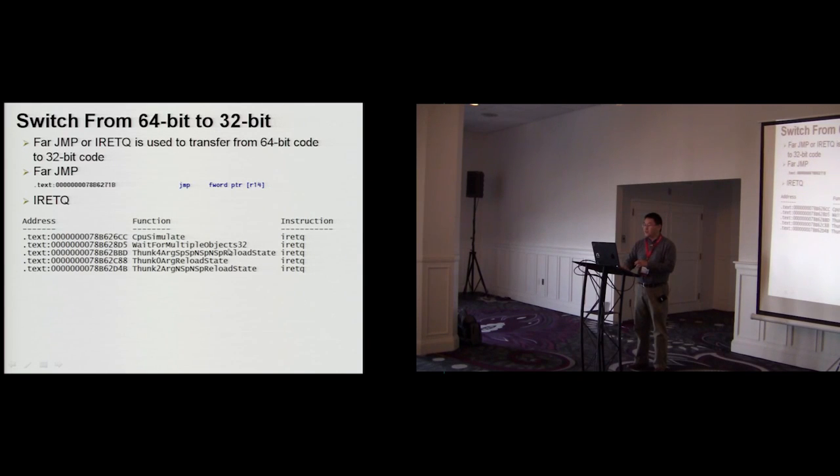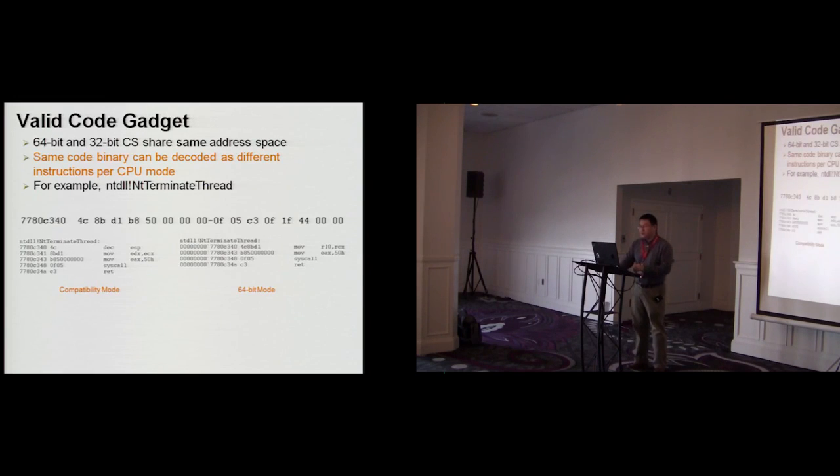Beyond that, they could also use the iretq, like that. Because the 64-bit has a different implementation, they have a bunch of places in user space that use the iretq to return to a different address. Then the interesting thing happens. Think about if the 32-bit code and the 64-bit code share the same memory space.